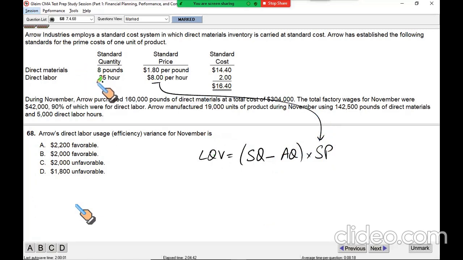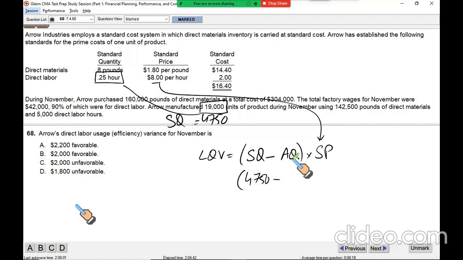As per the information given, each unit should use 0.25 hours as per the standard. How many units did you produce? You produced 19,000 units. As per the standard, you should use how many hours? 19,000 multiplied by 0.25. That is 4,750. This is what you call the standard quantity of hours that you should have used.